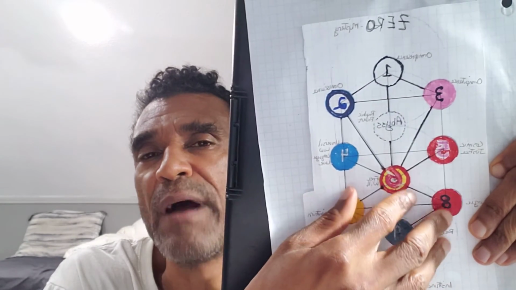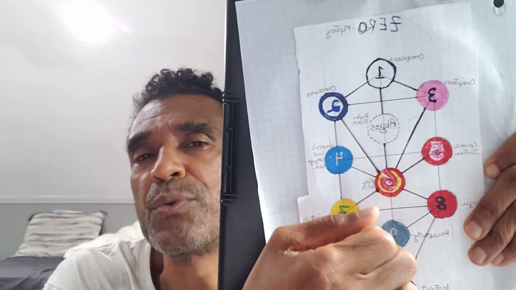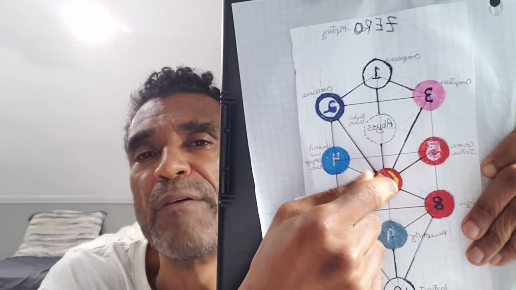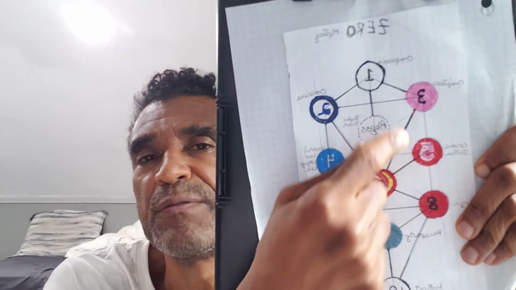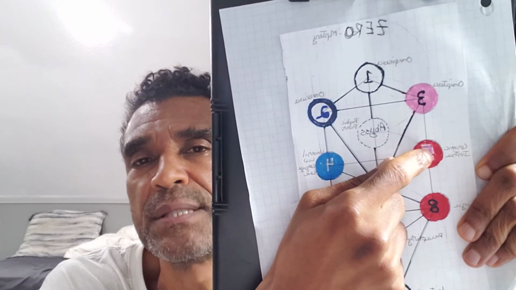So we have to lay the foundation and then move up the tree. Okay, so the first thing that we're going to point our attention at is the fifth sphere, which is our sense of justice.